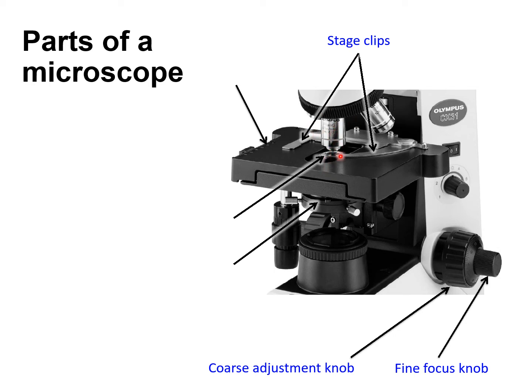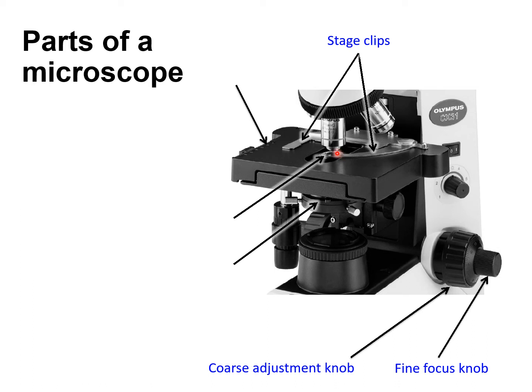Now notice how when you use a lens that's, let's say for example, the 40x, notice how the space between your lens and your stage gets really, really narrow.